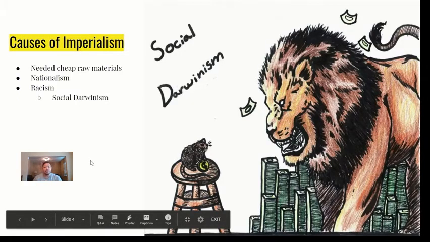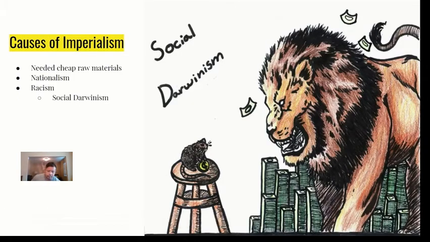What are the causes of imperialism? The strong countries like European countries, and you can include the United States with that, needed cheap raw materials because the Industrial Revolution, hopefully you learned about the Industrial Revolution last year, is going on, and they need raw materials for that to be successful. Also, nationalism.